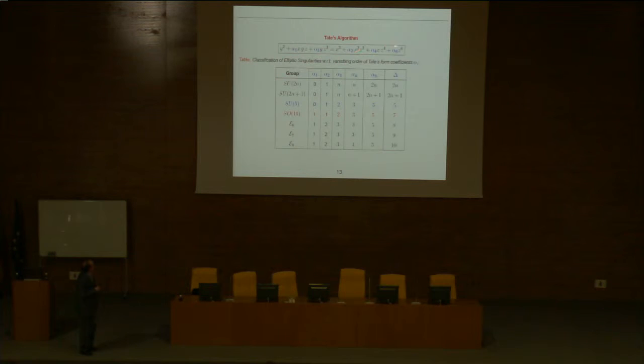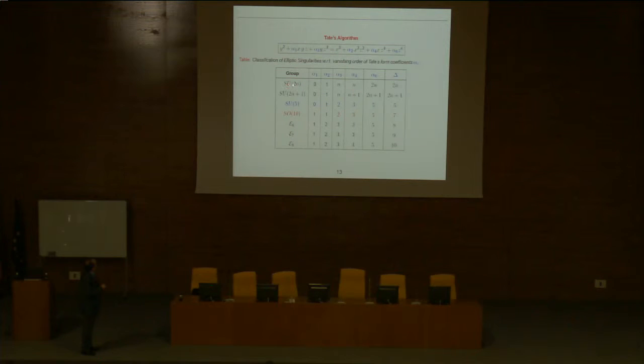There is another nice way to describe this in addition to Kodaira's classification, and this is Tate's algorithm. One writes again the previous Weierstrass equation in an expanded form in a certain way, and then one has the coefficients a1, a3, and so on, and then the classification of the singularities is given in terms of the vanishing order of these coefficients with respect to the proper variable that we have, and also the vanishing order of the discriminant.